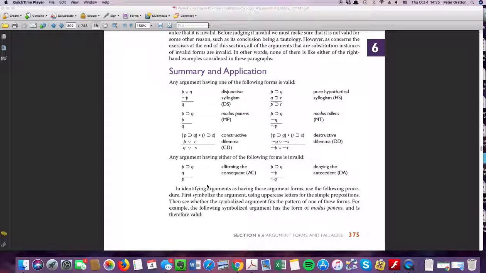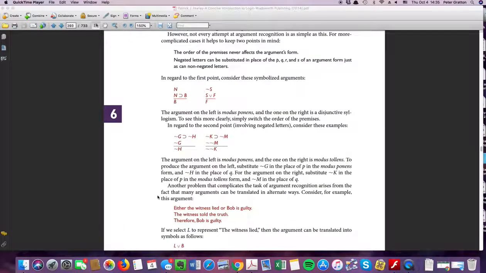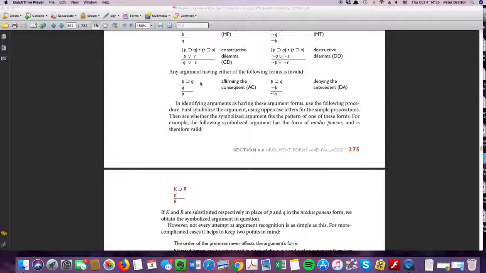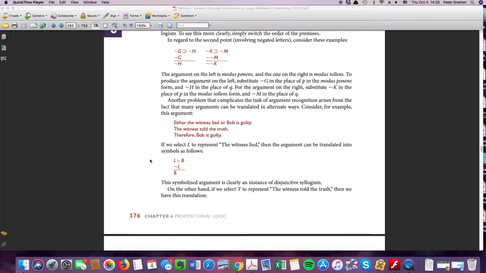Okay, we're going to get some others later. For the next chapter, we'll need the rules of replacement. Okay, but this is helping to get us ready for basically chapter 7. And again, you could substitute very, very long statements in for P, very long propositions in for Q, but still, if it follows this form, it is incorrect, no matter how long it is, right?